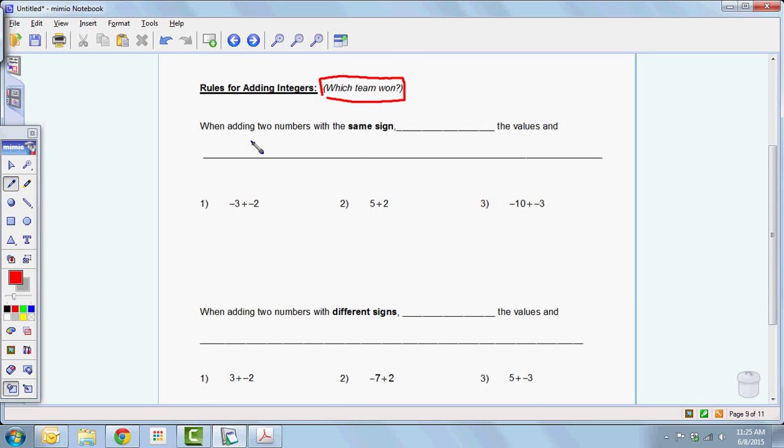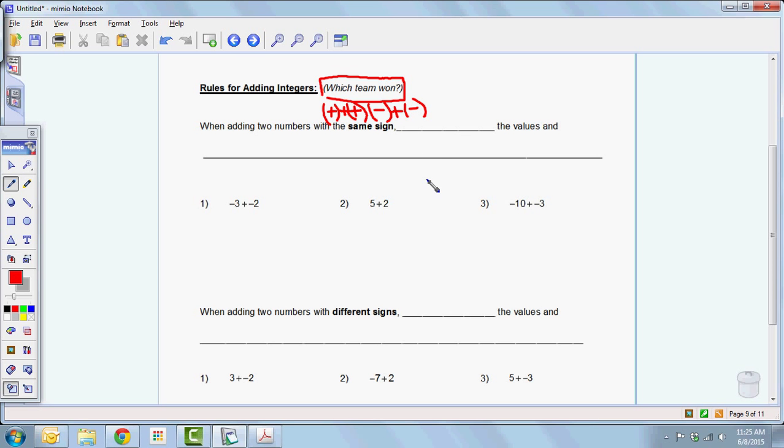But our first rule is when you're adding two numbers that have the same sign, so they're either both plus, so a positive plus a positive, or we're either going to have a negative plus a negative.